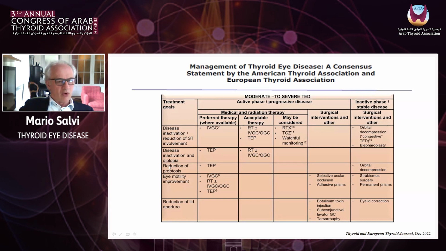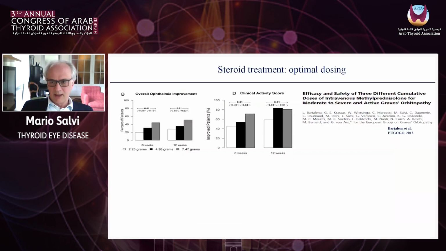Another is to approach the problem of proptosis and diplopia. So based on the main characteristics, there are different treatments proposed, based on the very little evidence-based data that we have in this disease. And I will go through this quickly in order to give you an overall idea.